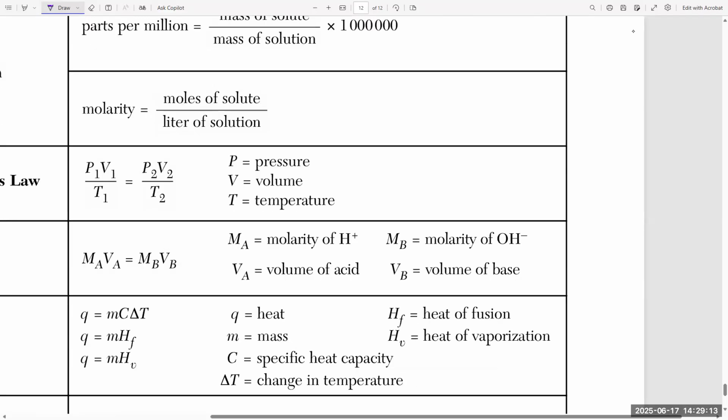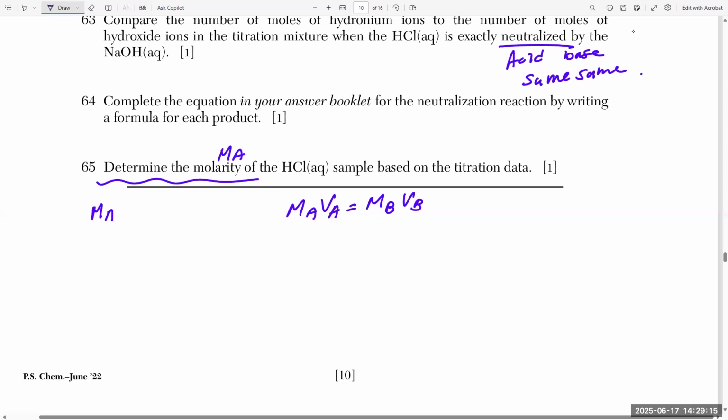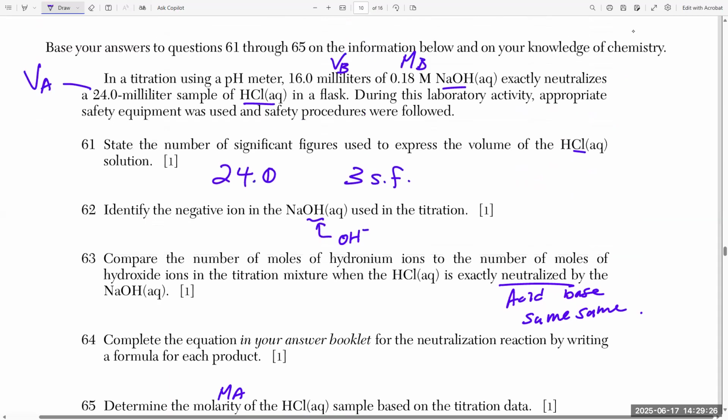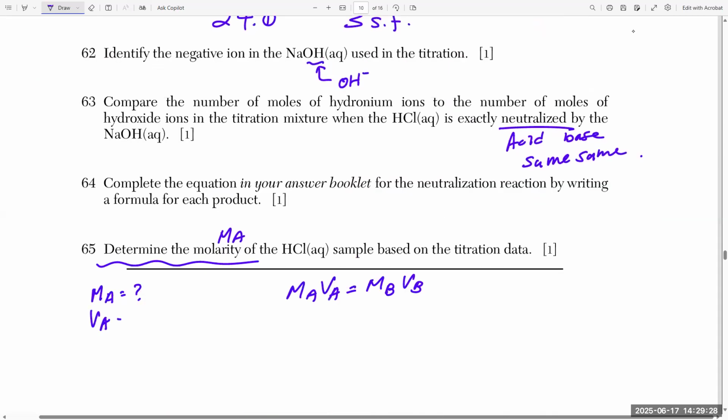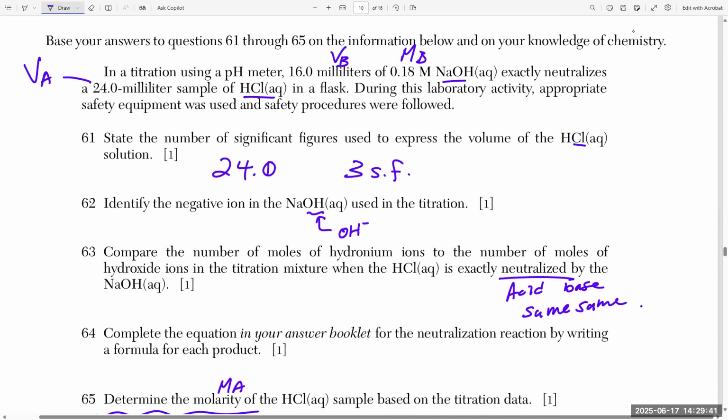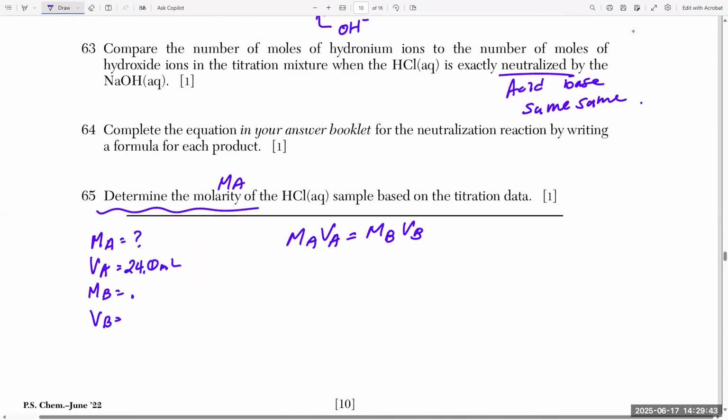All right, so let me see. MA is our unknown. VA is 24.0 milliliters, right? MB, VB, respectively 0.18 molar and 16.0 milliliters, okay?